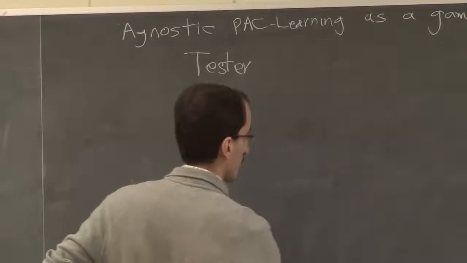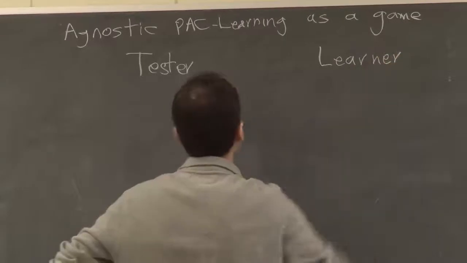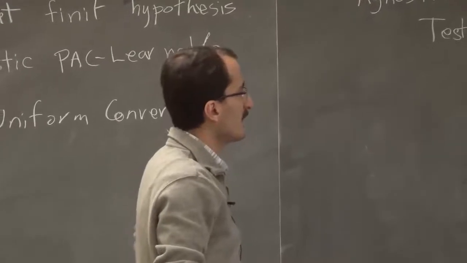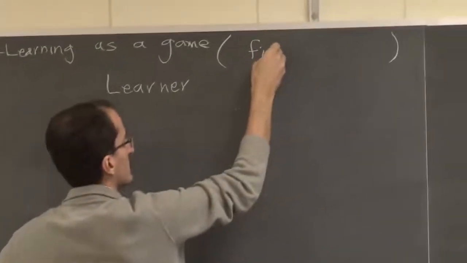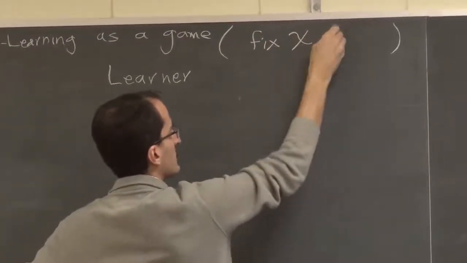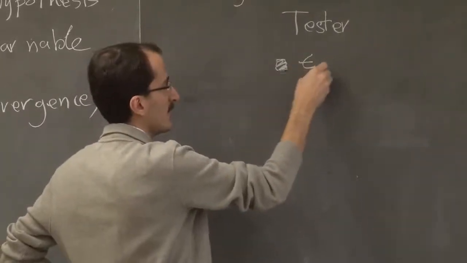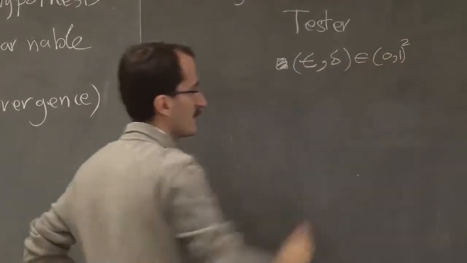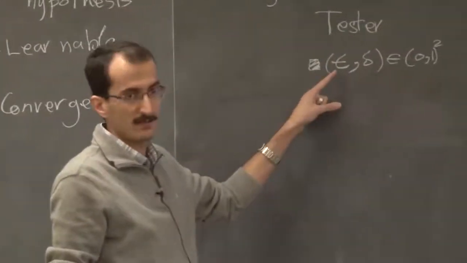So let me fix the domain set X and hypothesis class H. Now the tester picks some epsilon and delta, each of them between 0 and 1, and says: I want you, the learner, to be epsilon accurate most of the time.